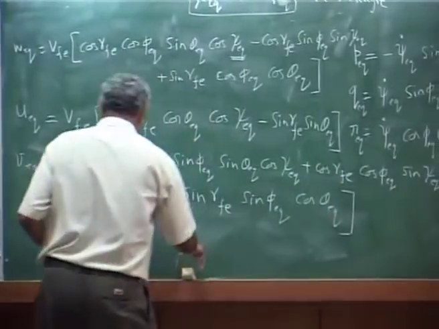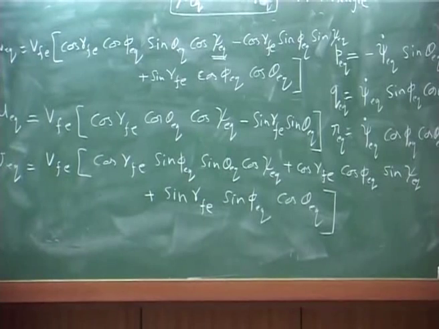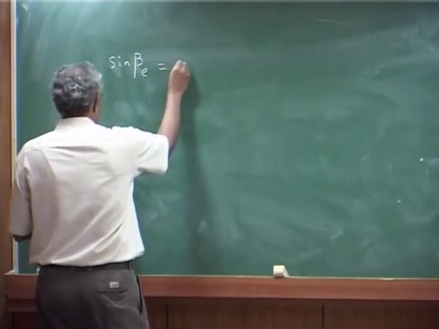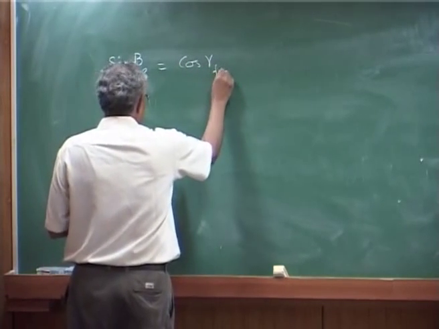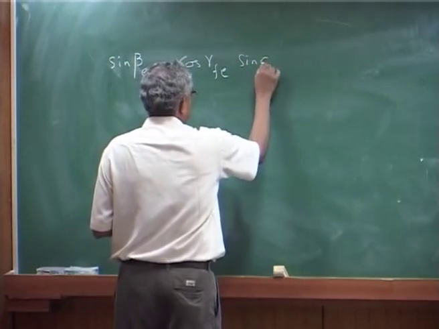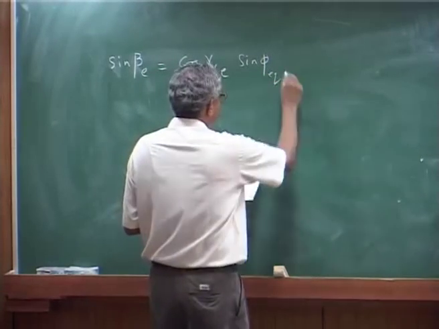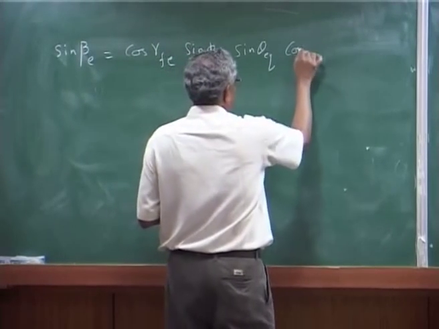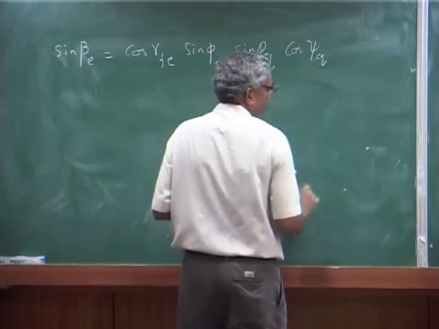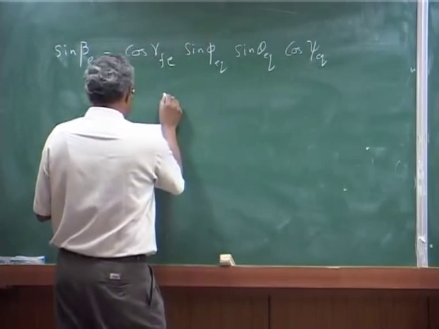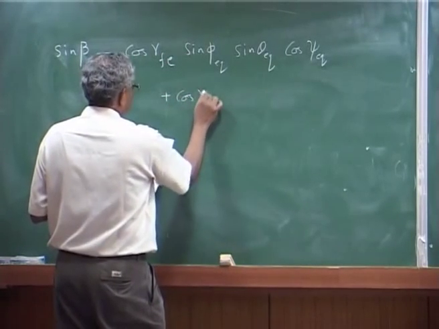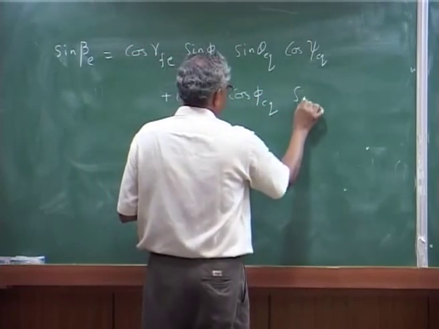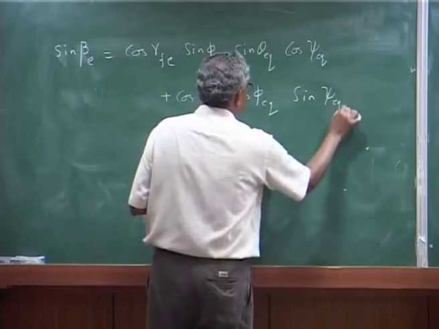this entire expression, okay. That is sin beta E is cosine gamma FE sin phi equilibrium sin theta equilibrium cosine chi equilibrium, then plus cosine gamma FE cosine phi equilibrium sin chi equilibrium.